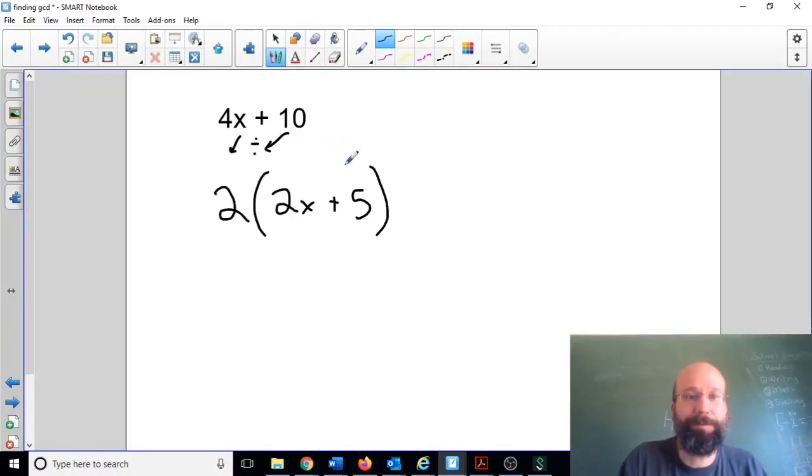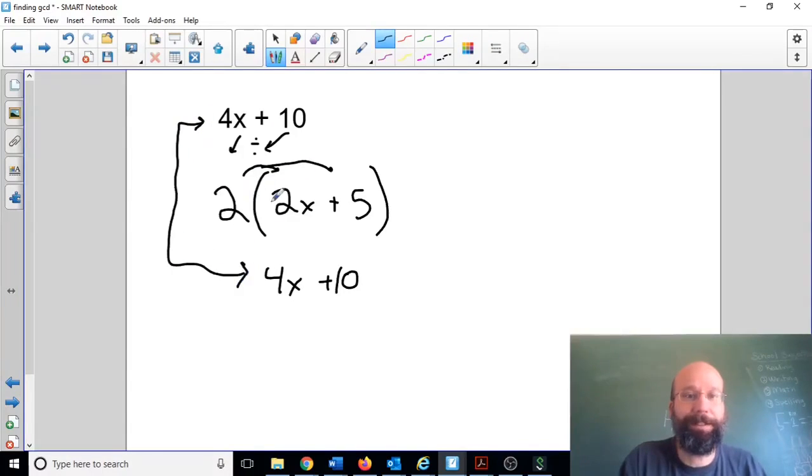This is why some people call factoring reverse distributing, because you're taking this and you're pulling a 2 out. So if we distribute and take everything outside and multiply it to the inside, 2 times 2x is 4x, and 2 times 5 is 10. And we're back to our original problem.